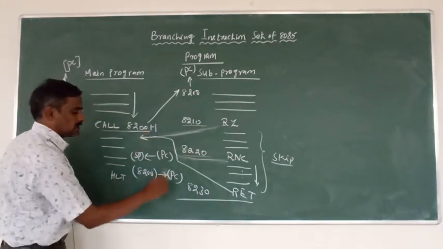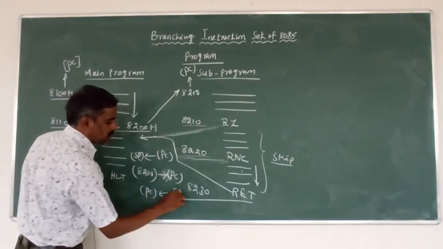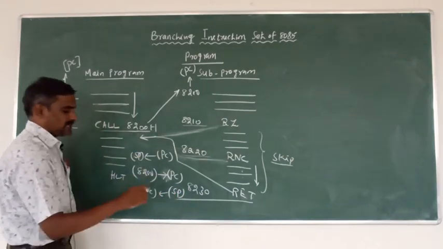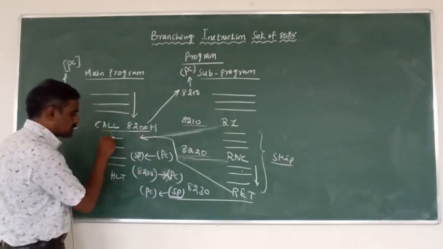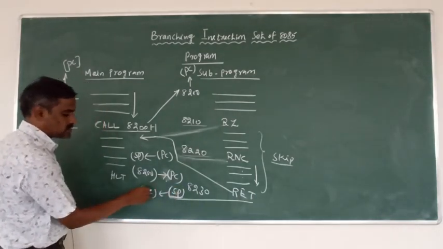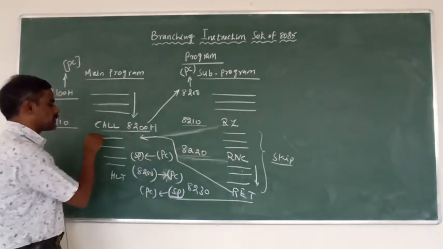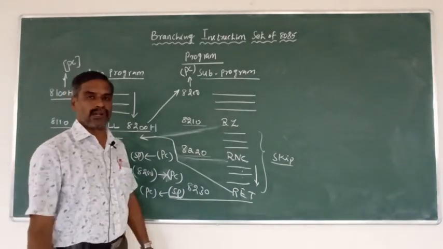At that time, the address is popped from the stack pointer: the next call address available in the stack pointer moves to the program counter. Now the program counter will execute the remaining instructions of the program.